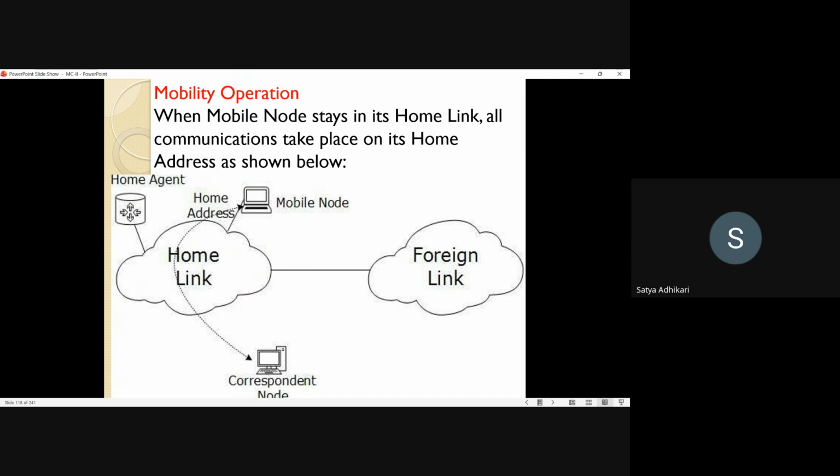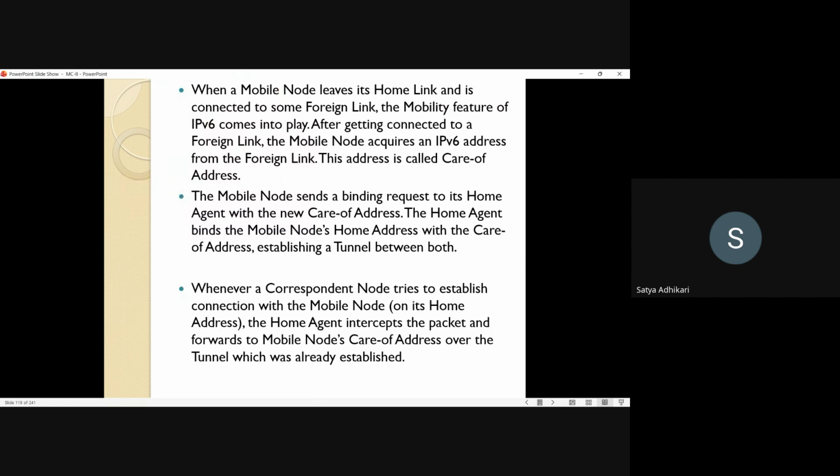But as soon as a mobile node visits the foreign link, the foreign address, at that time Mobile IP or Mobile IPv6 or Cellular IP does its work. So the problem arises when a mobile node leaves its home link and is connected to some foreign link.